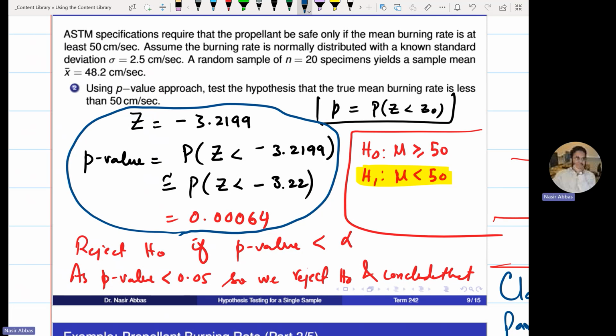Right at the end, you compare the p-value with alpha. But during the calculation, the mistake I see is students usually find the probability of Z less than minus Z alpha, less than minus 1.645, and they get 0.05 exactly, which is equal to alpha. So during the computation of p-value, alpha is not used anywhere. Let me write it here.